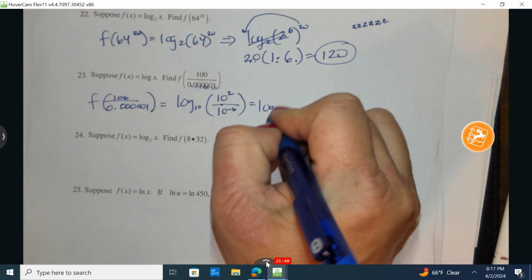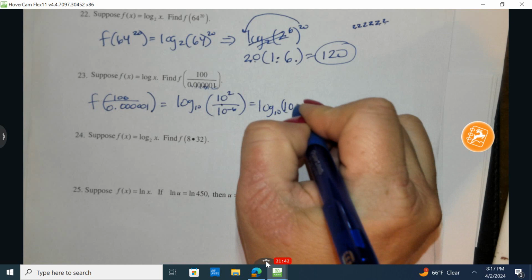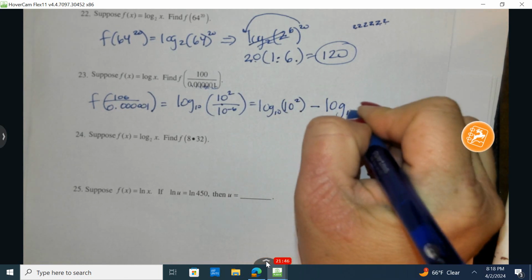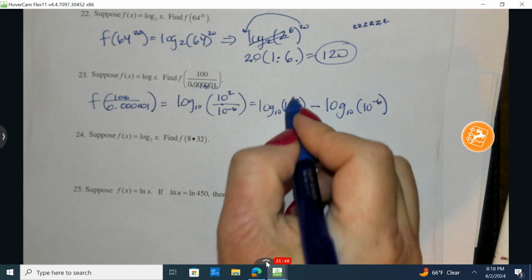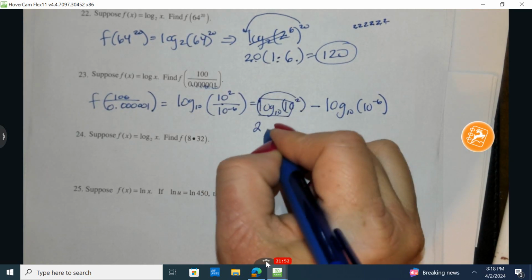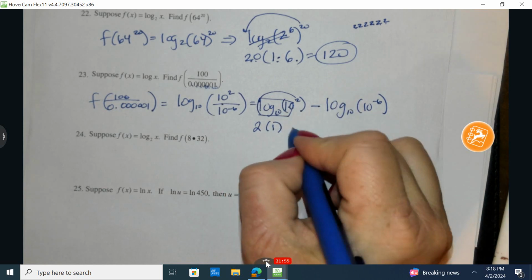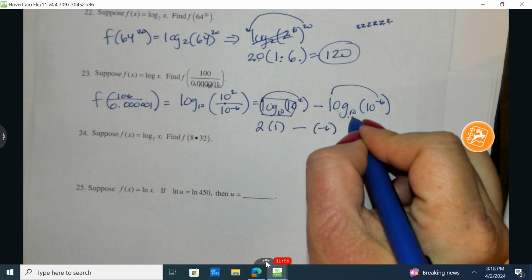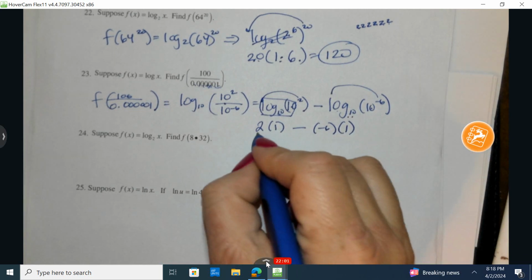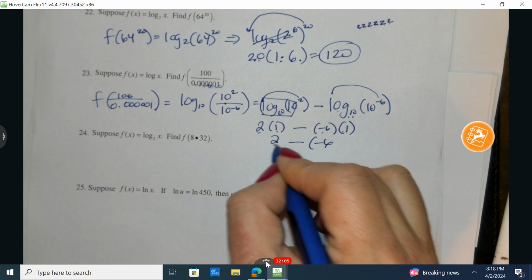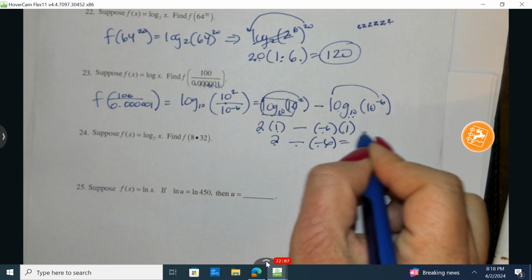So I have log base 10 of 10 squared, subtract log base 10 of 10 to the negative 6. So the 2 comes in front, and I have 2 times this quantity, which is 1, because we have the exact same base and the number behind it. The negative 6 comes in front, and again I have log base 10 of 10, which gives you 1. 2 times 1 is 2. Negative 6 times 1 is negative 6. 2 subtracted negative 6 gives you a positive 8.